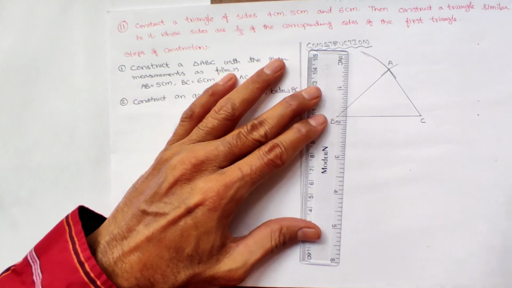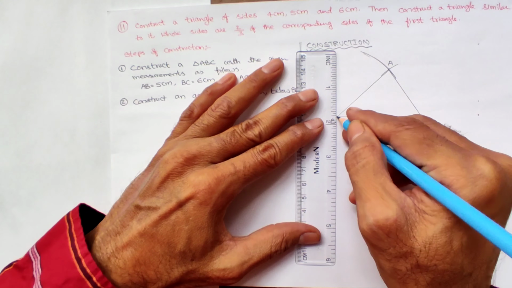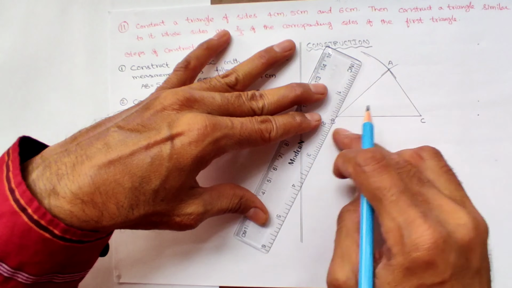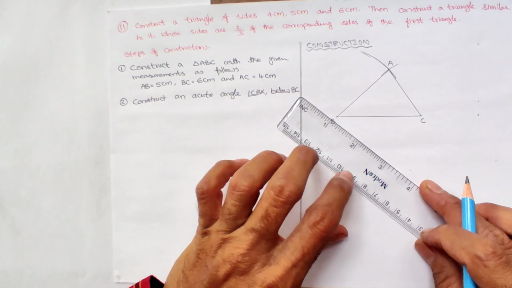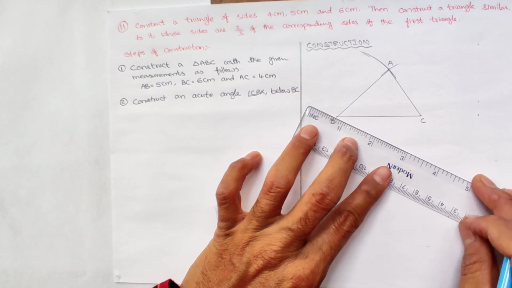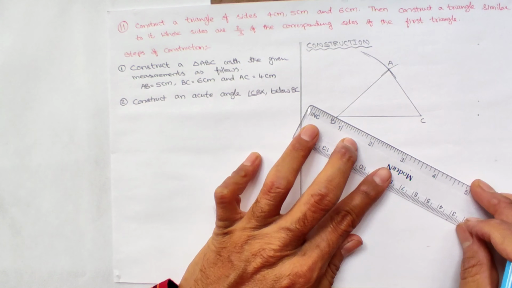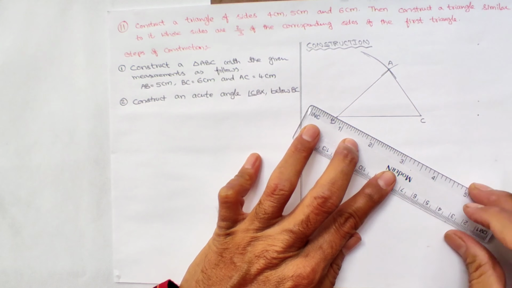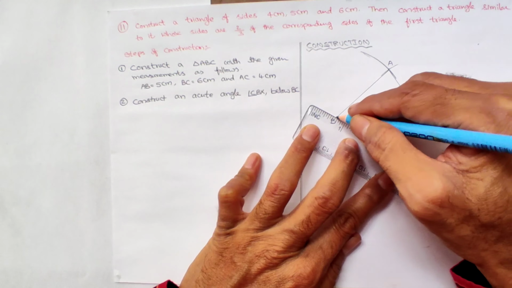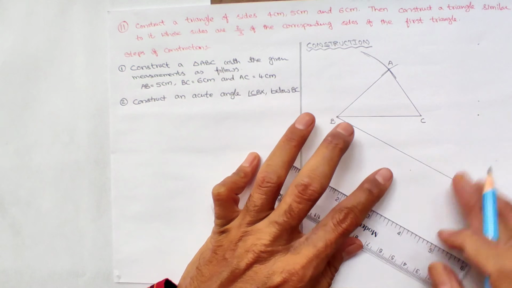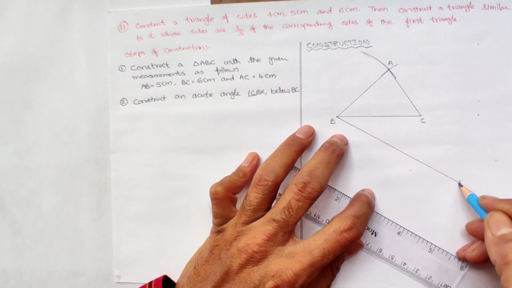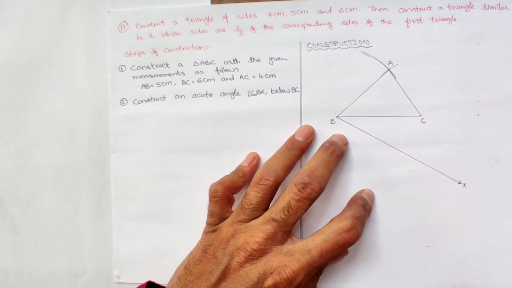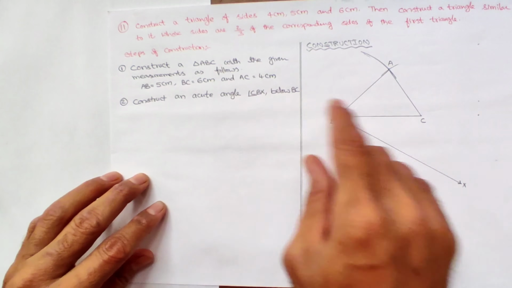See, if you keep the scale straight, that is 90 degrees. If you keep the scale like this, that is more than 90 degrees. So we need less than 90. So here I am going to keep an acute angle like this. From B you can take any angle, but it should be less than 90. So I am taking this ray as BX. That is the reason I mentioned this as angle CBX.